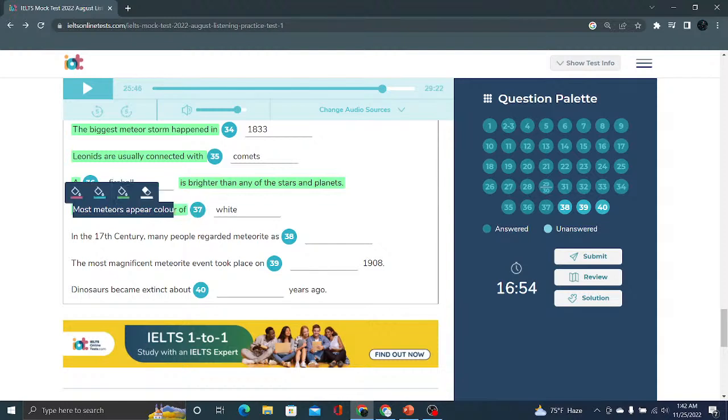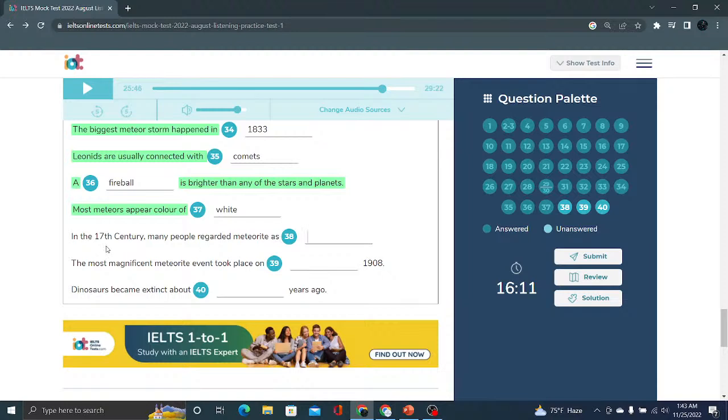We heard that he was saying most meteors look white, but some also appear blue, green, and so on. So we don't need to write them on our exam paper, because we are just supposed to listen for most meteors and what their color is. That's what the answer would be, white.